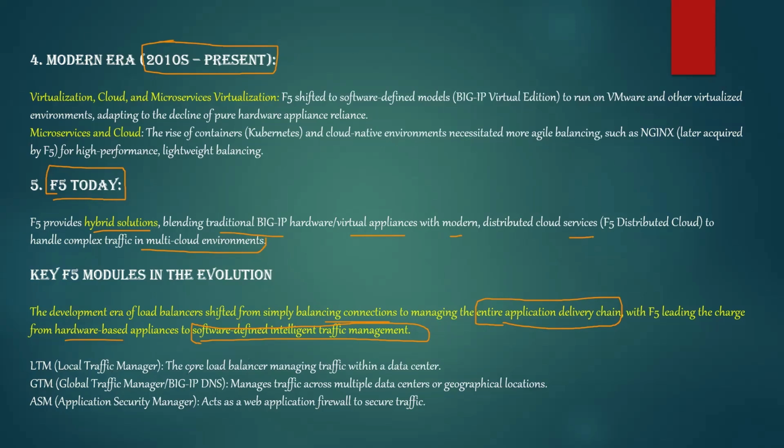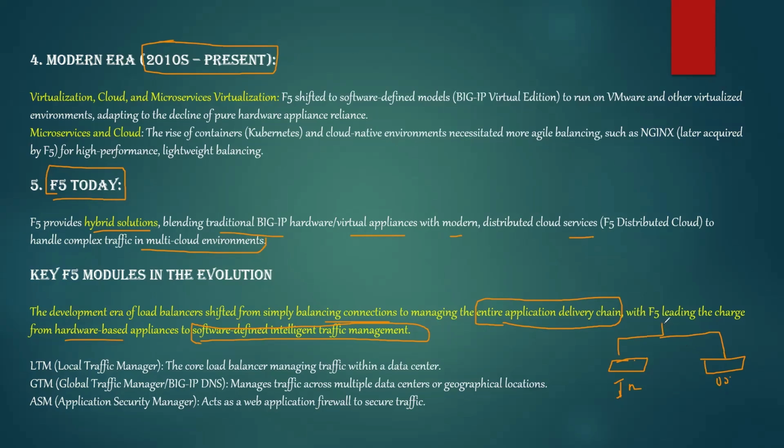LTM load balances and manages traffic within the data center. If you manage traffic within the same data center, then we have the LTM device. GTM is the Global Traffic Manager, also called BIG-IP DNS, which manages traffic across multiple data centers. If we have two data centers, one in India and another in the US, we use GTM for that.